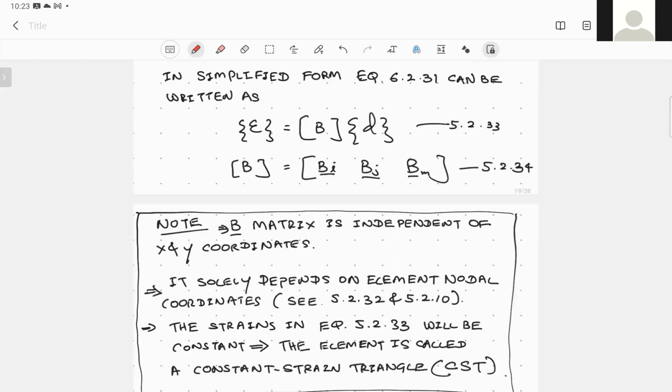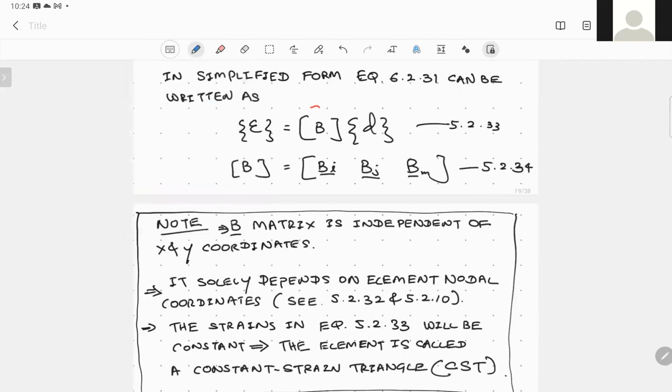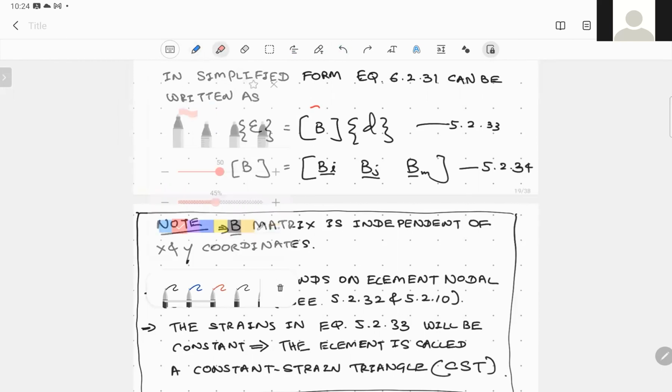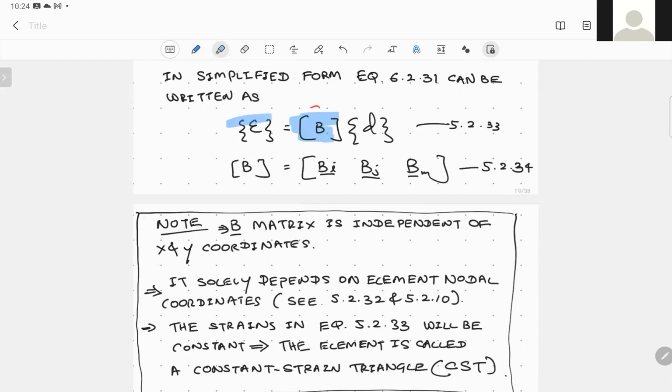So in simple terms, what I have done is use another matrix called a B matrix in order to relate the strain matrix to the displacement matrix.